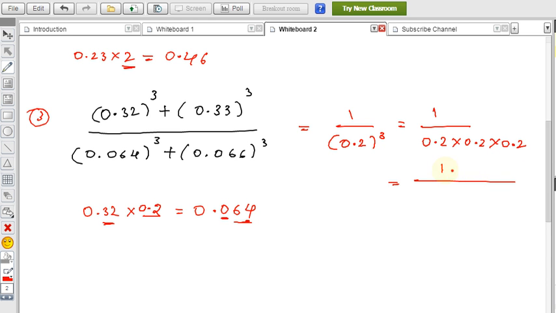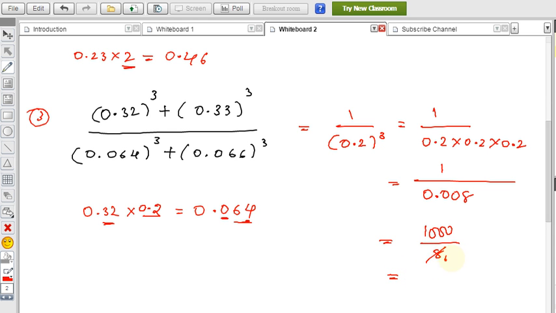If you remove the point and multiply, 2 times 2 is 4, 4 times 2 is 8, and with 3 digits overall, 1 plus 1 plus 1, it is 0.008. So 1 by 0.2 cube is 1000 by 8.